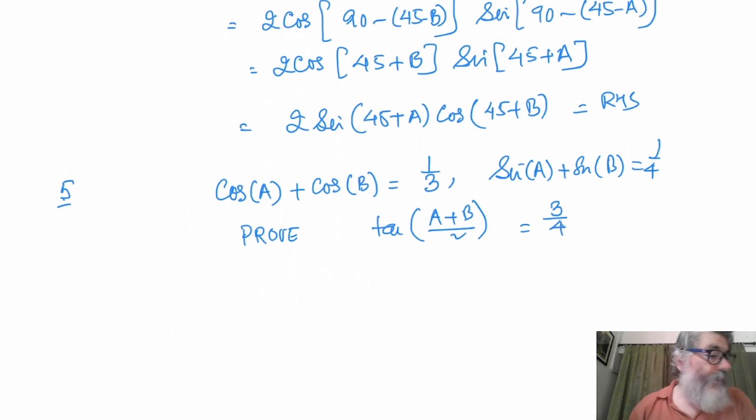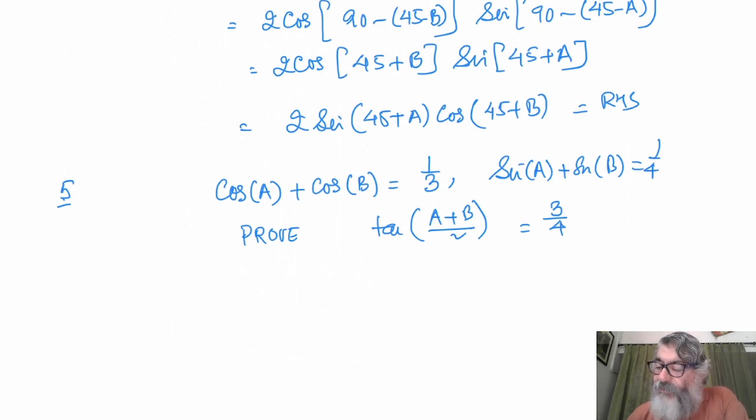We have to prove tan((A plus B) upon 2) is equal to 3 upon 4. Now, cos C plus cos D or cos A plus cos B is one and the same thing. Instead of taking the angle names C and D, here it is A and B, so it does not matter. Instead of A and B, you can write C and D, instead of C and D, you can write A and B.